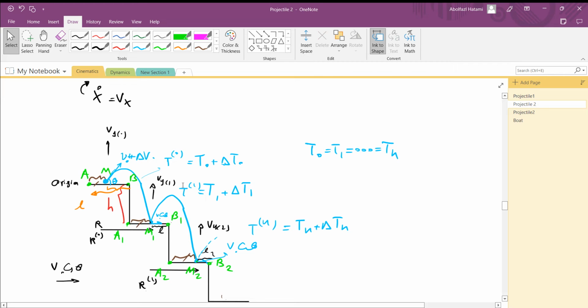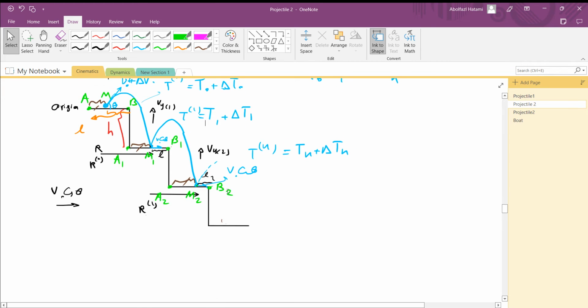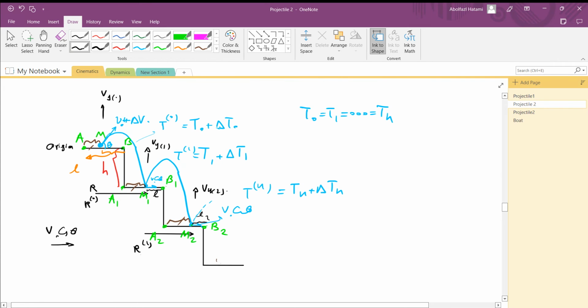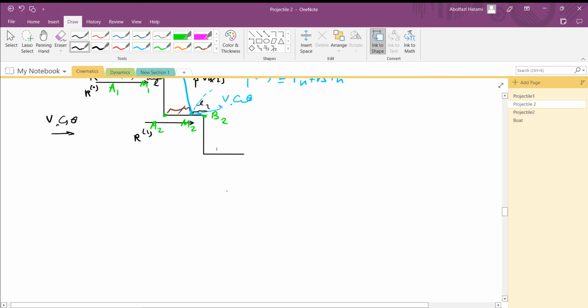Our vy is going to be changed. I can say that vy1, for example, is going to be vy1 plus delta vy1.